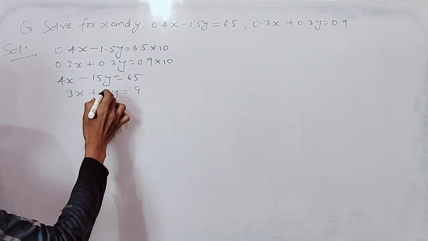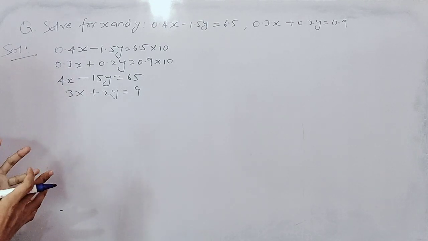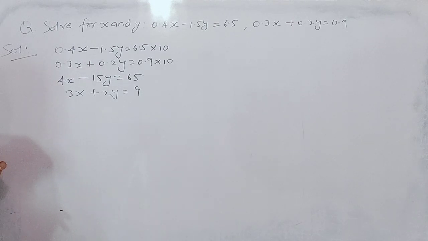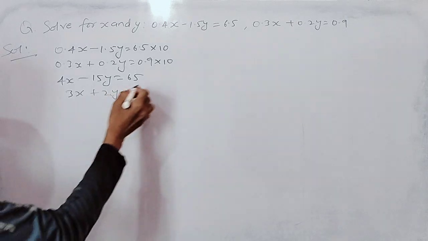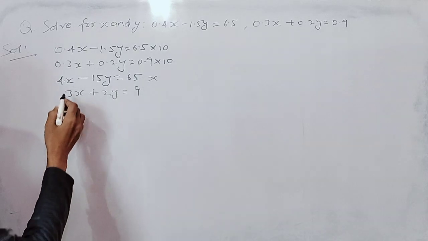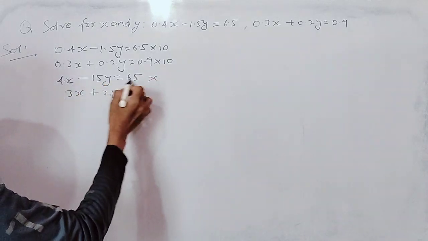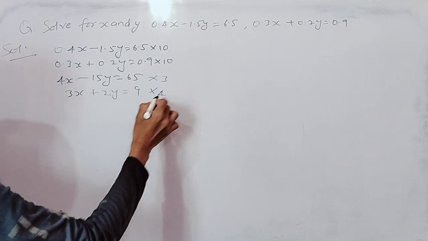Now we will apply the elimination method. But here the coefficients of the variables are not the same, so we cannot say we have applied the elimination method yet. So here I am going to multiply this whole equation by 3 and this whole by 4.